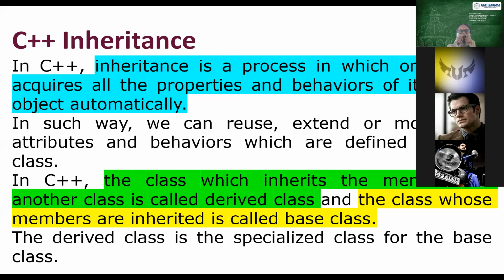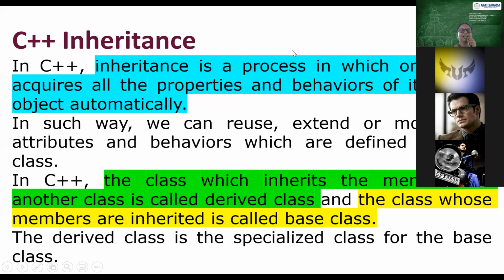So you have to understand inheritance. Inheritance is one of the properties of object-oriented programming. Inheritance means something inherited, like something hereditary. You all know some diseases are inherited. Not only property, diseases are also inherited from the parents to the child.